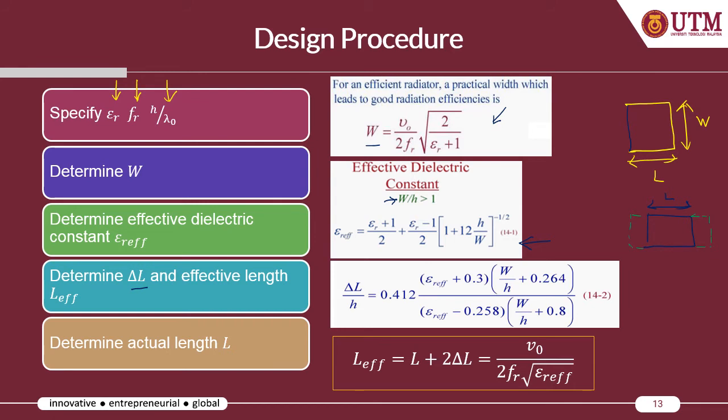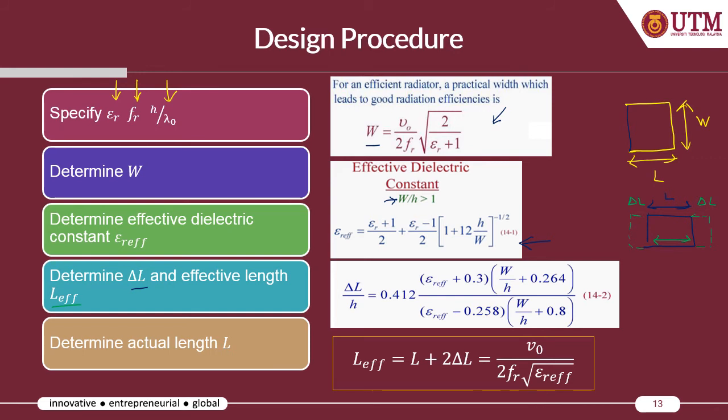So one edge is extended by delta L, and the other edge, separated by about lambda over 2, the length of the antenna, is extended by another delta L. And once we have the delta L, we can determine the effective length. So this is the electrical length due to the fringing effect. And lastly, we can determine the actual length of the antenna structure or of the patch.